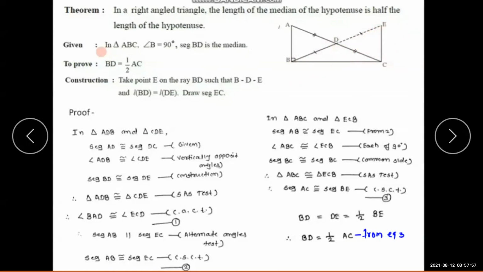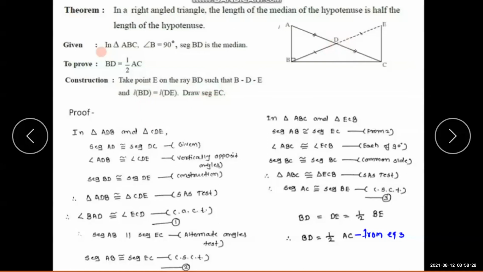So the segments BD and DE will be congruent. Here we mark point E. Now join point E and point C, so EC will be the segment. That is why I have written here length BD equal to length DE, and draw segment EC.